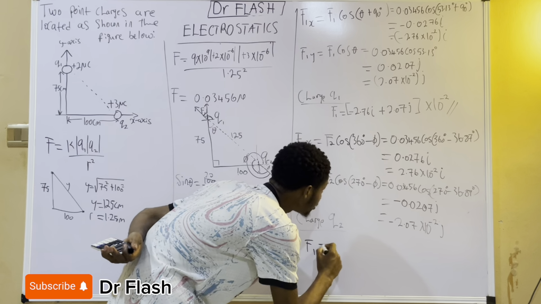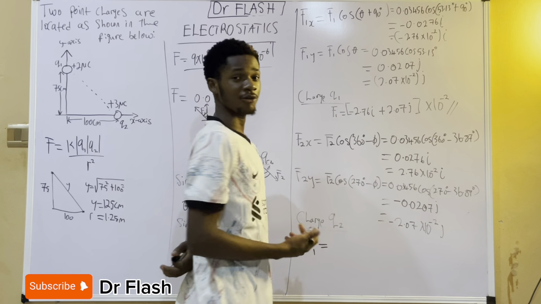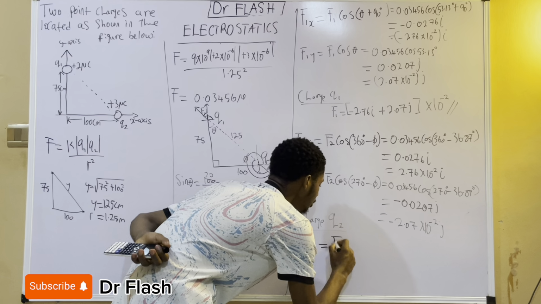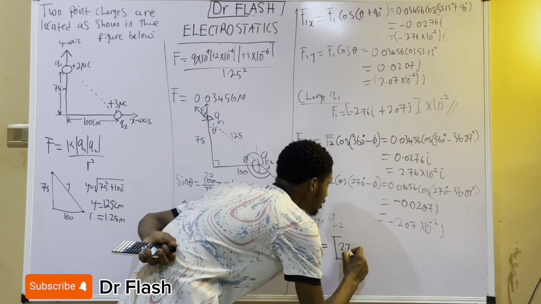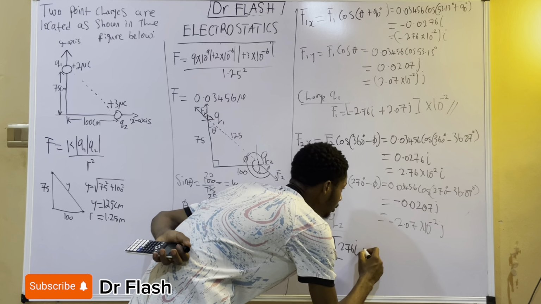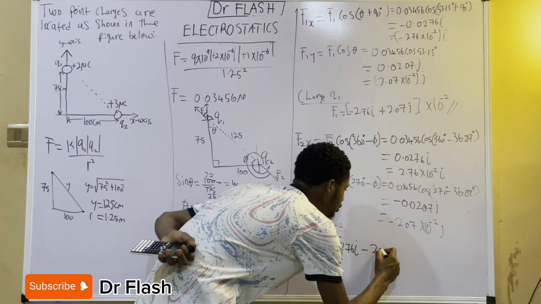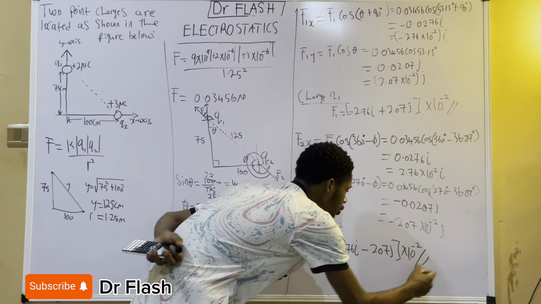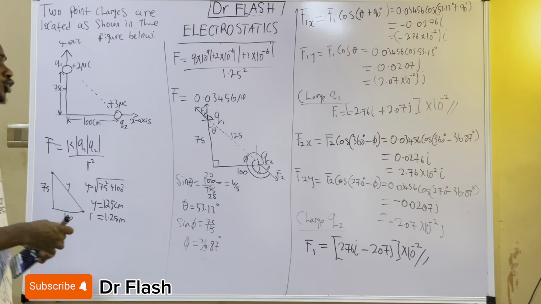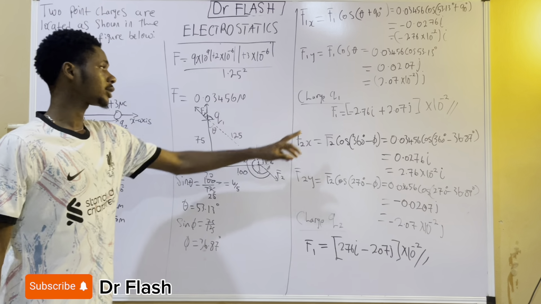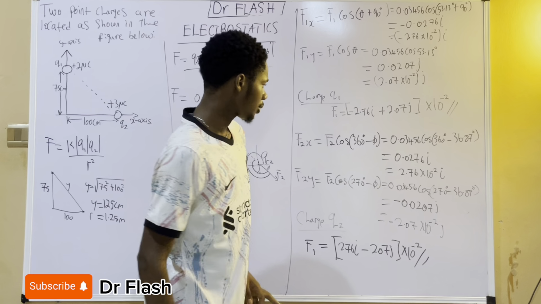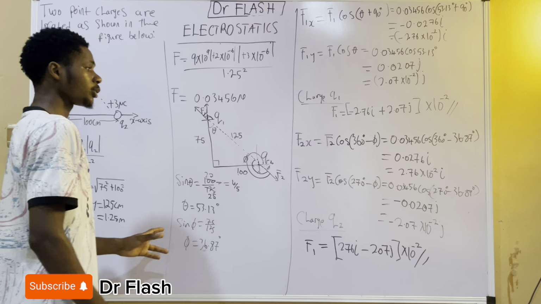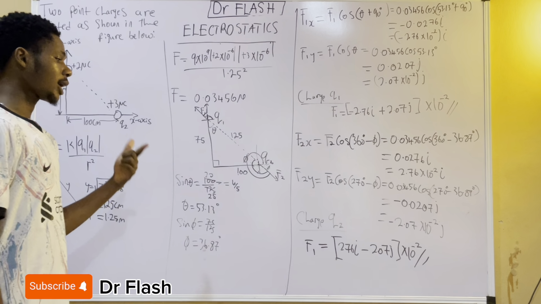I can put the 10 to the power of minus 2 outside of the bracket, so F1 is 2.76i minus 2.07j, times 10 to the power of minus 2. So in terms of coordinates of free space, Q2 has this value, and Q1 has this value. That is the simple trick to solving problems like this. Remember, F1 and F2 are equal.